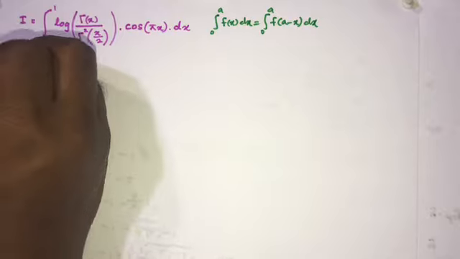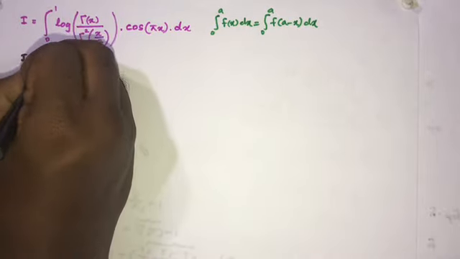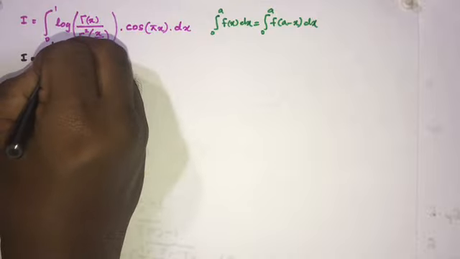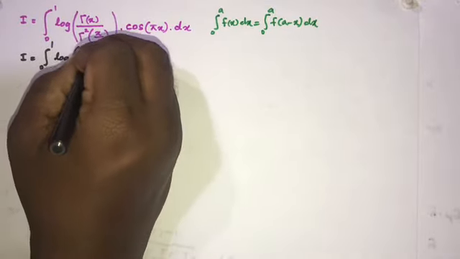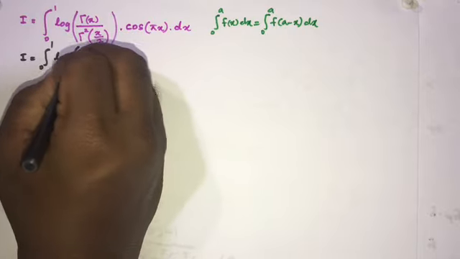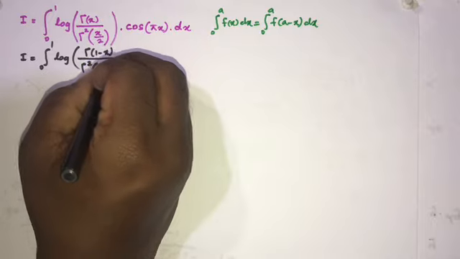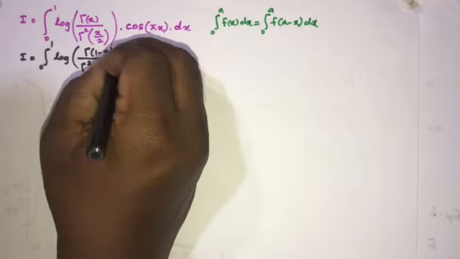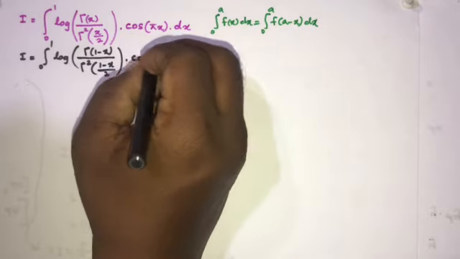So we can write now I is equal to the integral from 0 to 1 of natural log of gamma of 1 minus x over gamma square of 1 minus x over 2, times cosine of pi minus pi x.